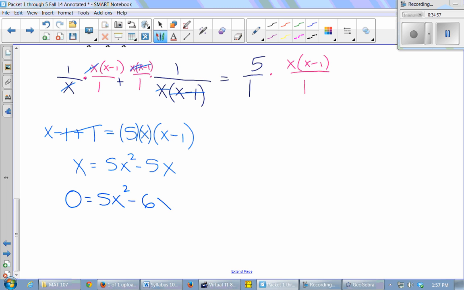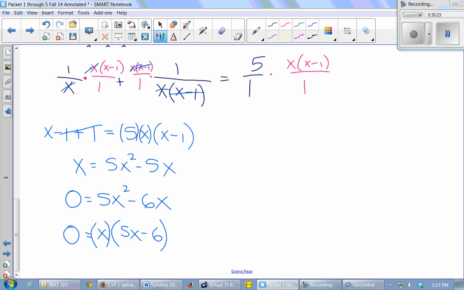and then factor, right? So if I wanted to factor this thing, I could take out an x, and I'd be left with 5x minus 6. And if I'm multiplying two things together, I'm multiplying an x times a 5x minus 6. I'm multiplying two numbers together, and my answer is 0.